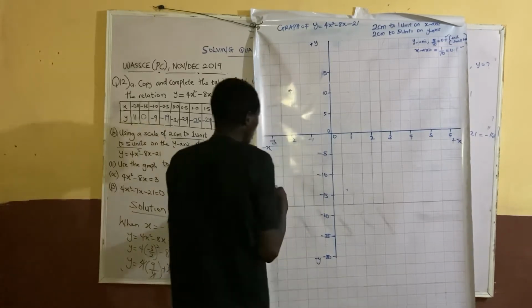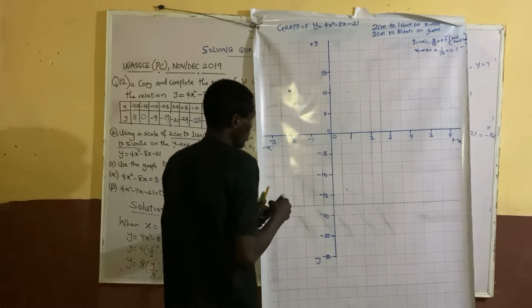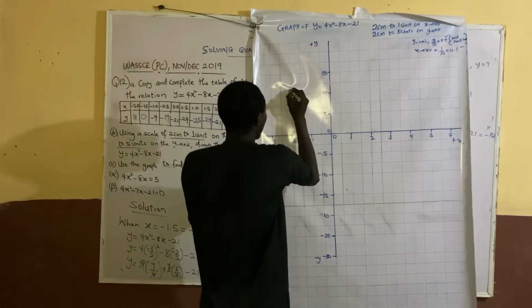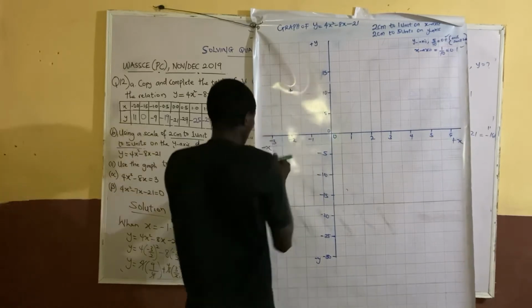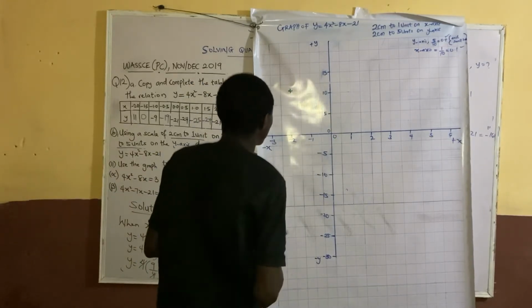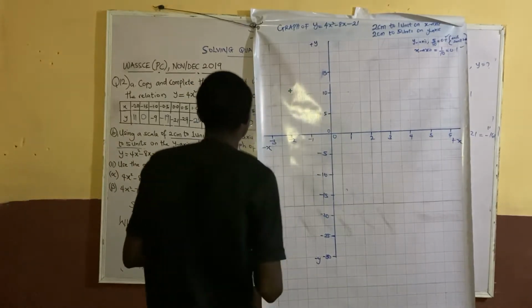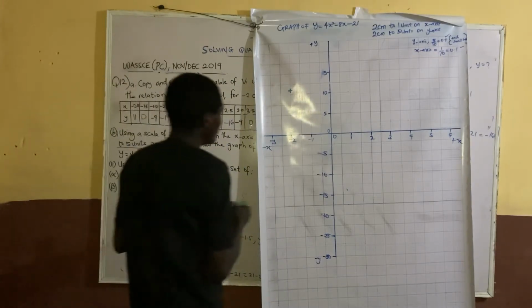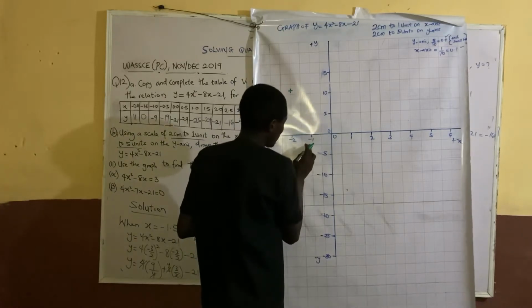We have to use 3, so we'll be able to identify our point. So that's about minus 2, 11. Now the next one is minus 1.5, 0.